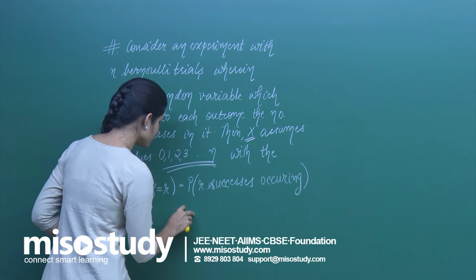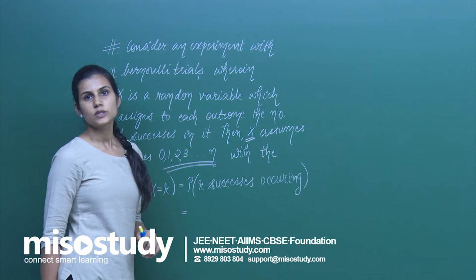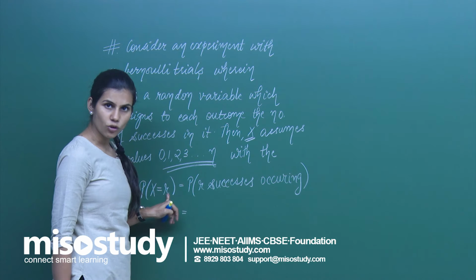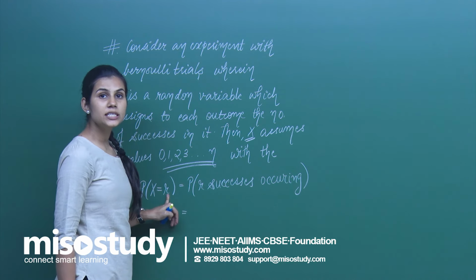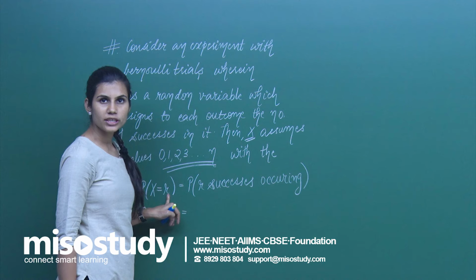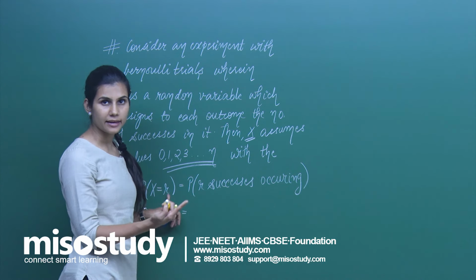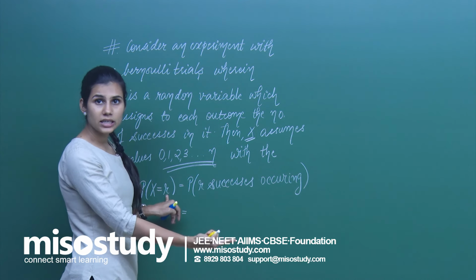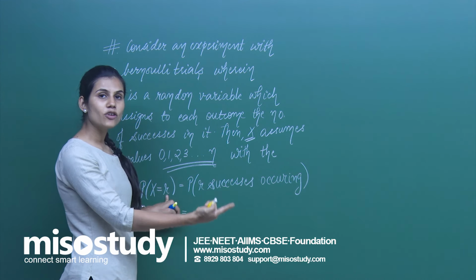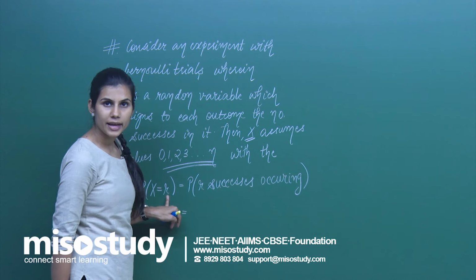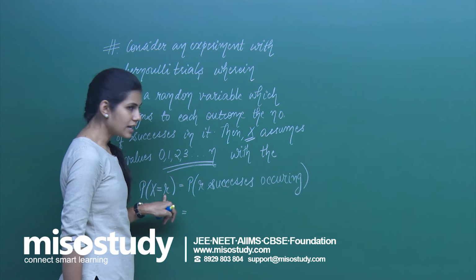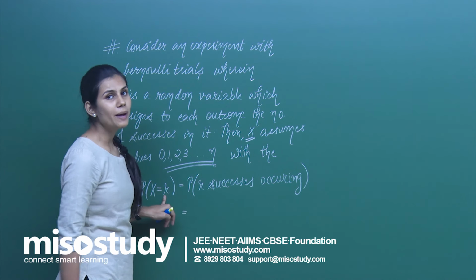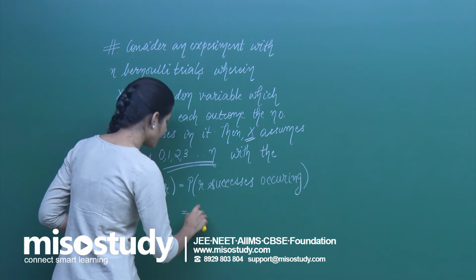I already told you. In the last class we understood that the probability of X equals 0 was the first term of the binomial expansion (q plus p) to the power n. The probability of X equals 1 was the second term of the binomial expansion (q plus p) to the power n. The probability of X equals r is equal to the (r plus 1)th term of the binomial expansion (p plus q) to the power n.